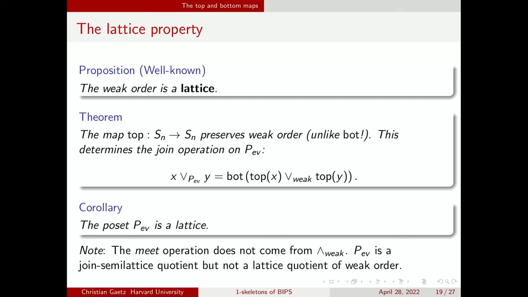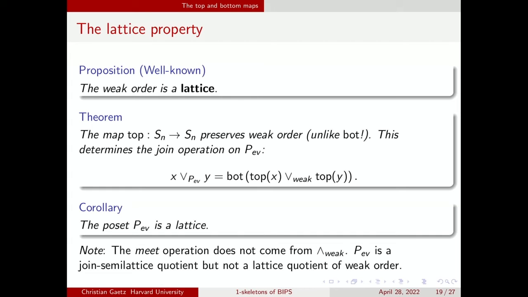Okay, so this actually proves the observation earlier that these posets seem to be lattices, because we can get the join operation. So this V here, that's the notation for the join, the least upper bound of two elements. If I want to compute the least upper bound in my poset, what I can do is take the top elements of the two equivalence classes.